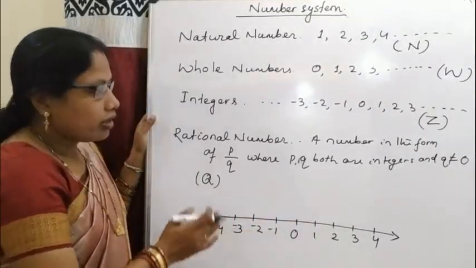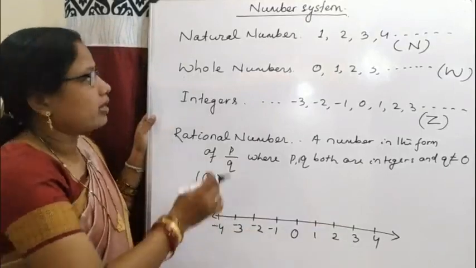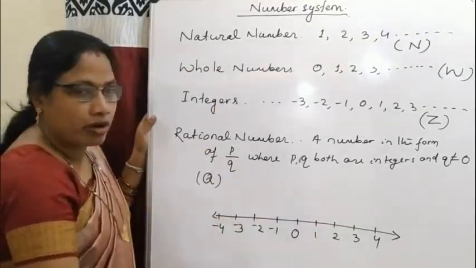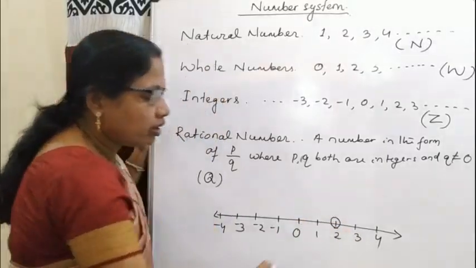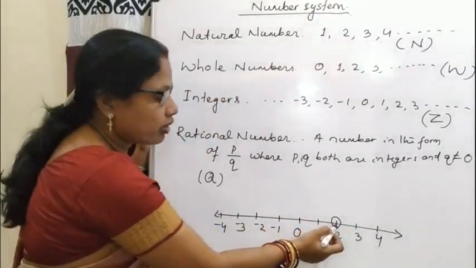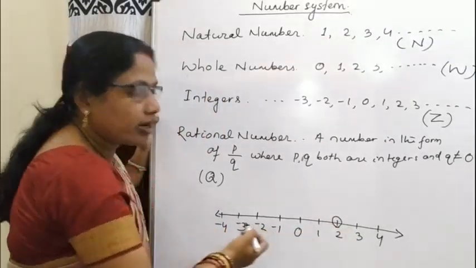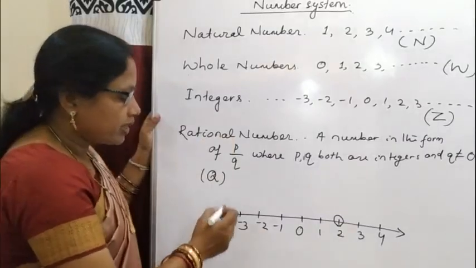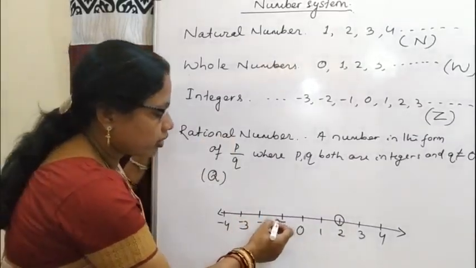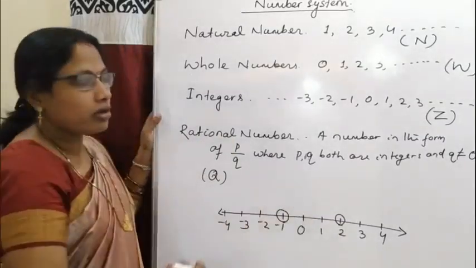So if we have to represent a natural number on a number line, that means we have to represent 2. So here 2 is the natural number represented on a number line. Then integer, if we have to represent -1, so here this is -1 on the number line.